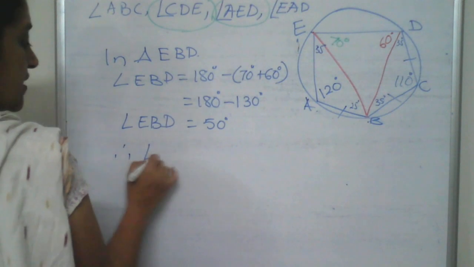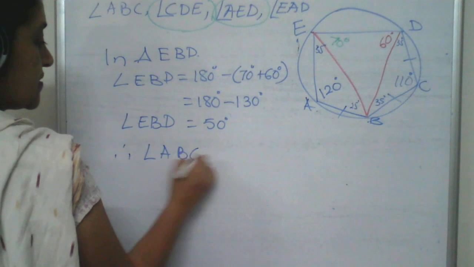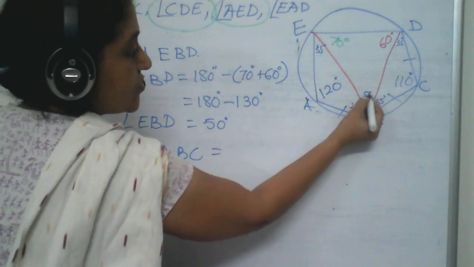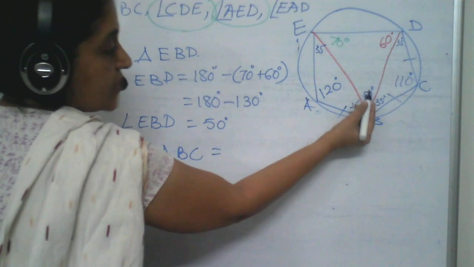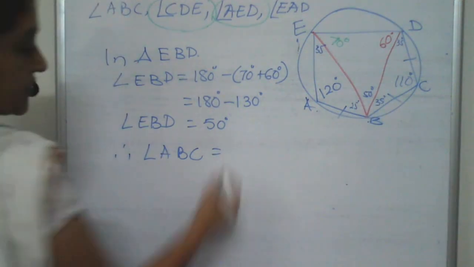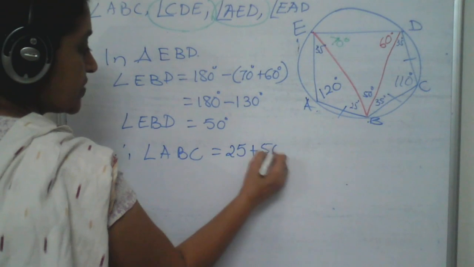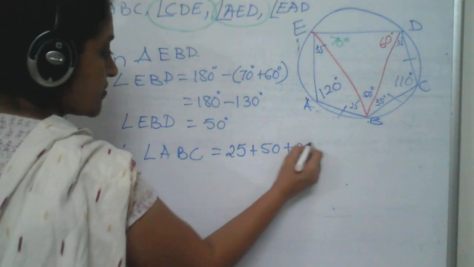Therefore, angle ABC, you can see all three. ABC means this just now we found as 50. 25 plus 50 plus 35.